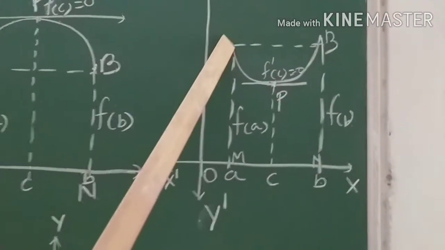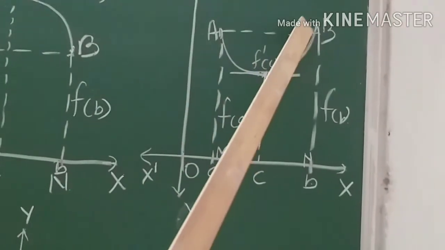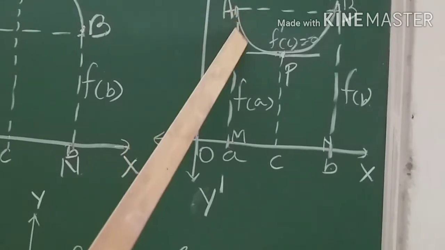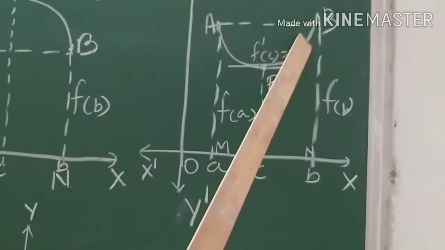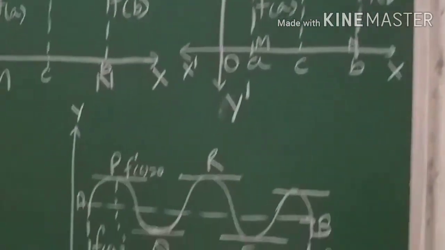Similarly, you can see here we can take many points on the curve, and at every point we can draw a tangent. So we can say yes, the function is differentiable from a to b.